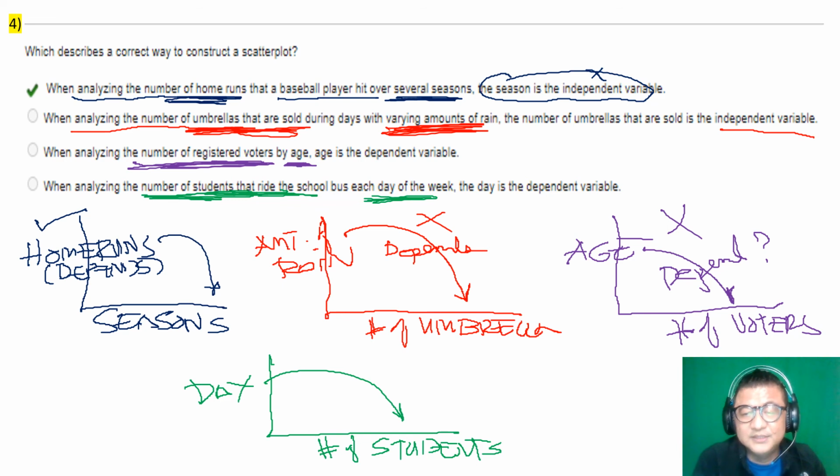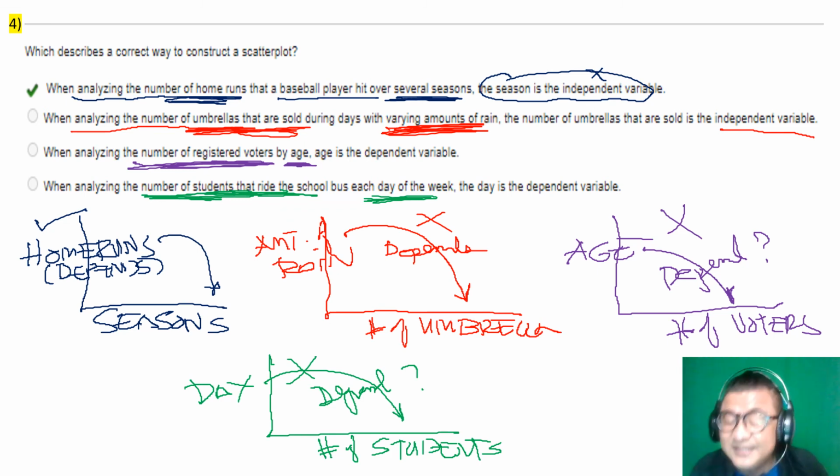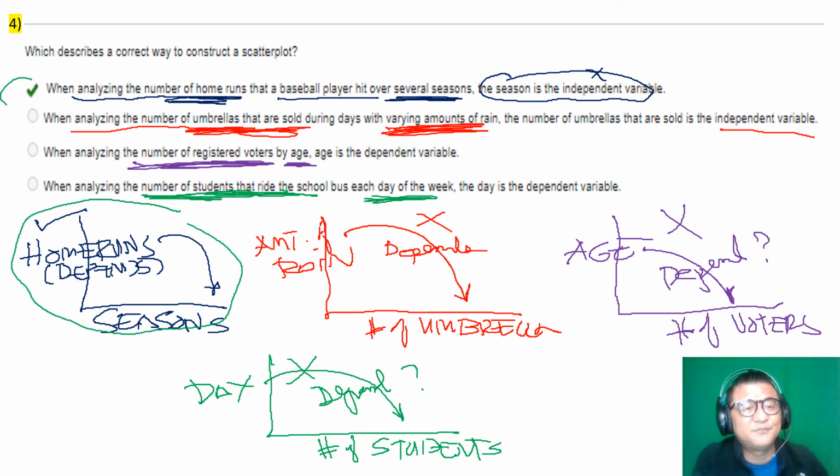Does the Tuesday, the Wednesday, or the Friday depend on the number of students? No, it doesn't. It's the opposite. The number of students on the bus will depend on what day it is. Is it a weekday or a weekend? Okay? So therefore, the only logical thing is the first selection.